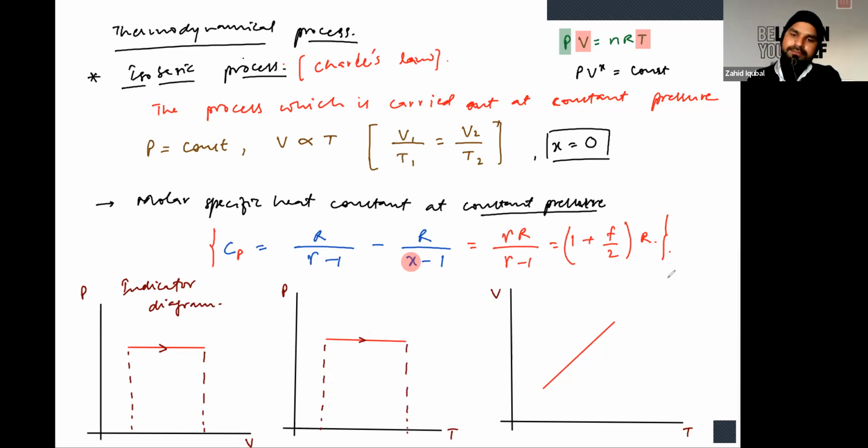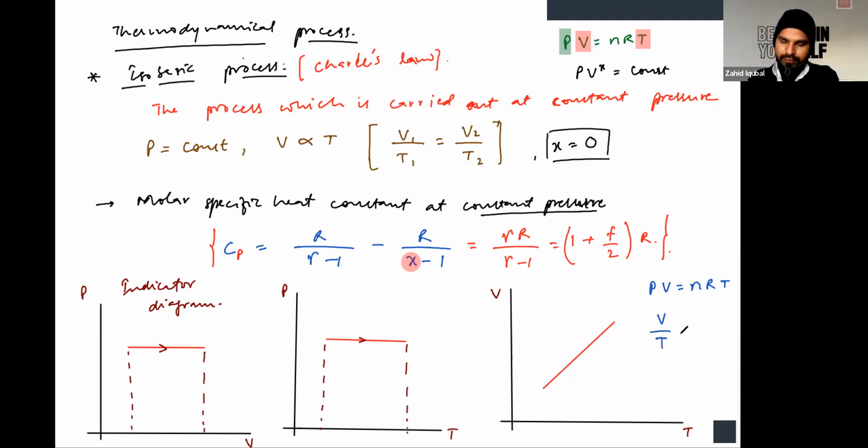In the third part, according to the ideal gas equation, PV is equal to nRT. Volume and temperature are directly proportional, or simply volume is on the perpendicular side and temperature is along the base side.